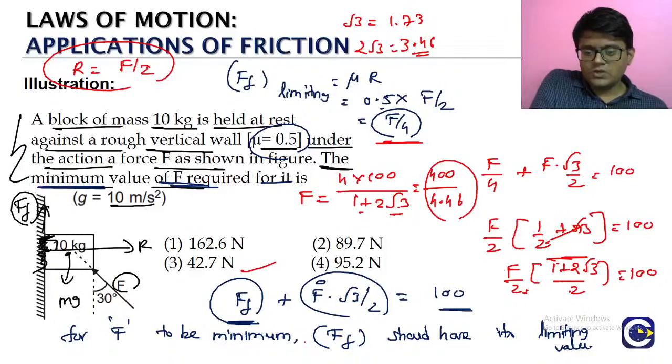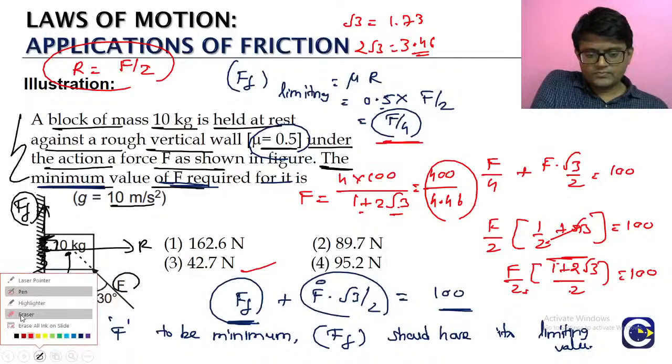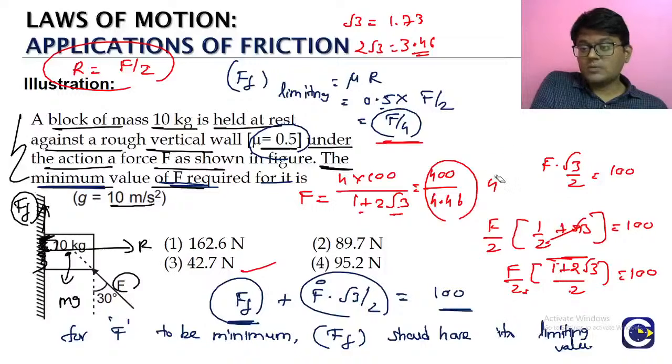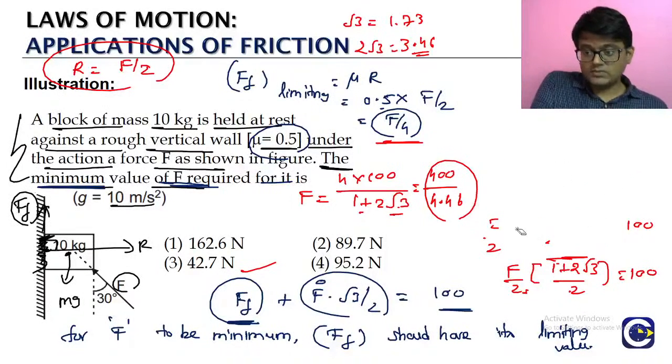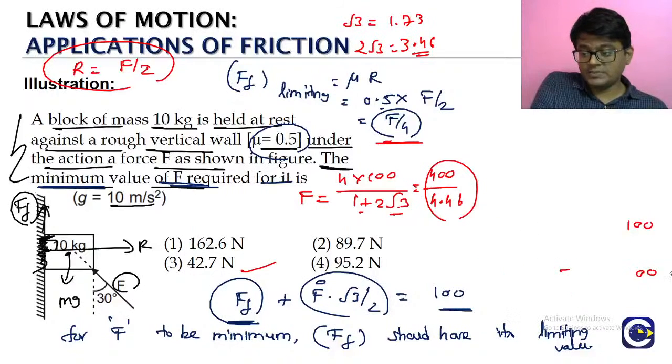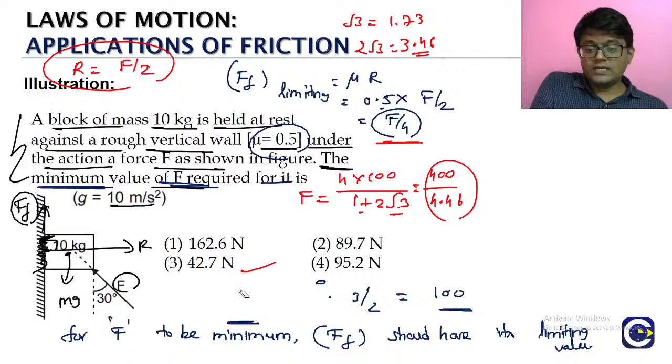What is it? 400 divided by 4.46. So we have to say approximately what will be the answer. We have the answers in front of us, right? All the options are there in front of us. We have to check which of these will approximately match.